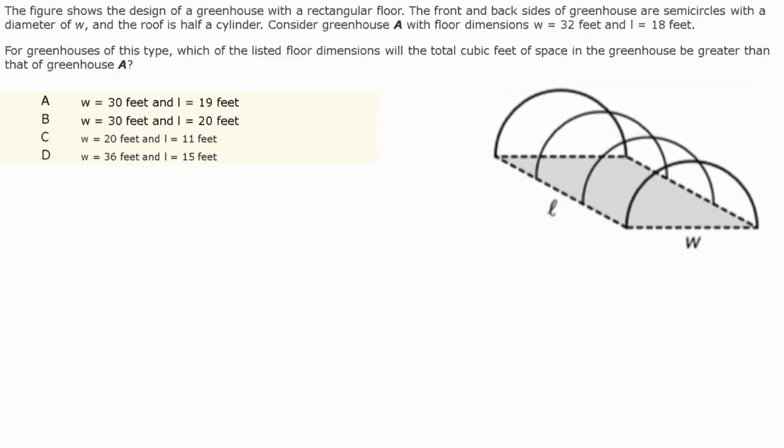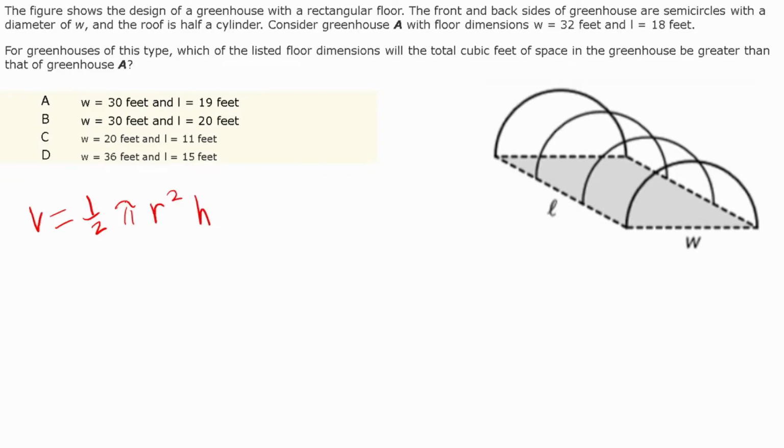So we need to figure out which of these will have a greater volume than greenhouse A. So what we have to do is plug this into a cylinder formula and then divide it by 2. So the volume of our cylinder is pi r squared h, but we're going to make this 1/2 pi r squared h.